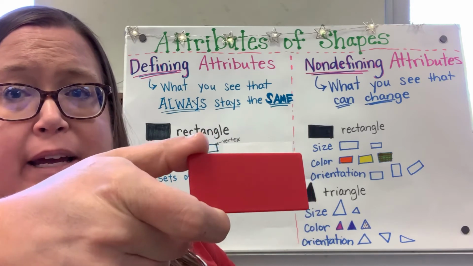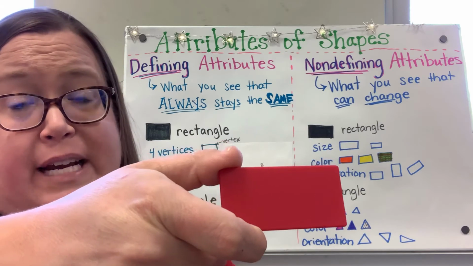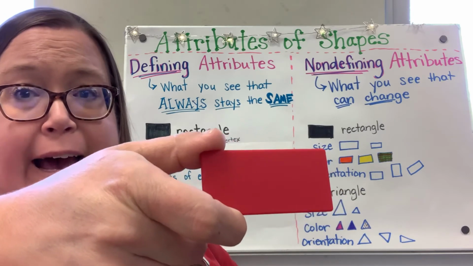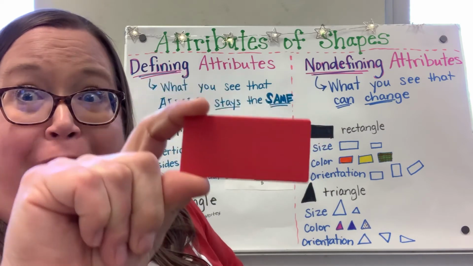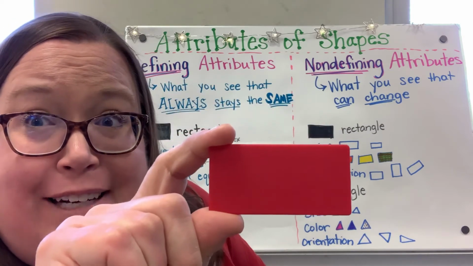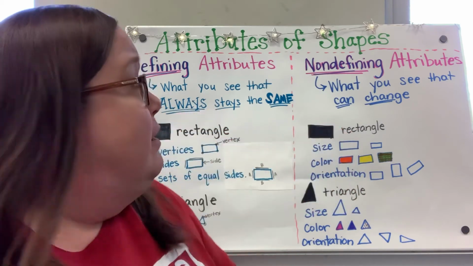How about this way? I changed the orientation a little bit. Is it still a rectangle? Yes. How about this? Watch this. Oh, is it still a rectangle? I changed the orientation. Yeah, it's still a rectangle.